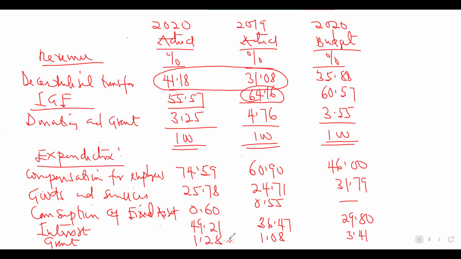The compensation for employees seems to be the highest expenditure component for the district assembly, as it forms 74.59% of the current year revenue, as against 60.90%, and also 46.0, which is a budgeted figure for 2020.